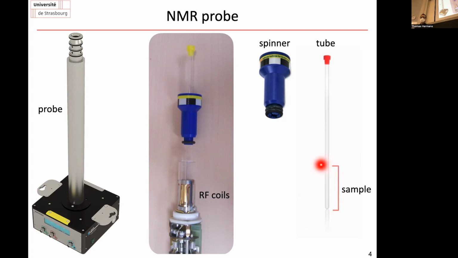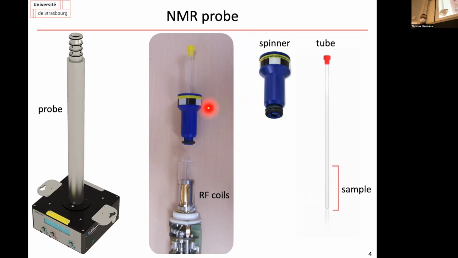And you put that sample tube into what's called a spinner. So in many NMR machines, especially the older ones, the sample will turn around, because it will make the sample and the magnetization more homogeneous. Nowadays, the modern NMRs don't spin anymore, but this thing is still called a spinner.